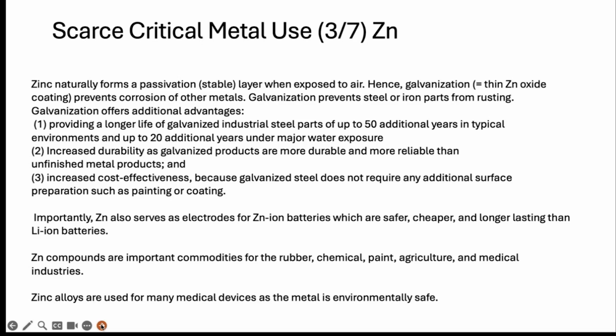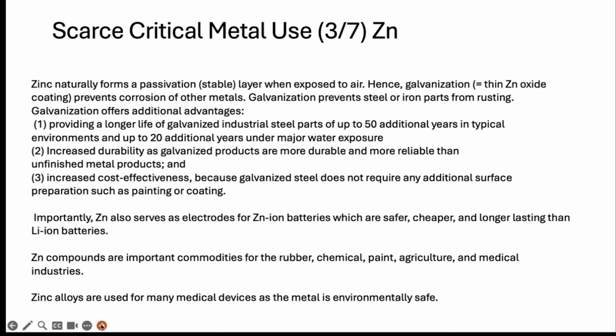And this prevents steel and iron parts from rusting. And it also offers some additional advantages in providing a longer life of galvanized industrial steel parts, increasing the durability, and increased cost effectiveness because it doesn't require any additional surface preparation such as painting or coating.